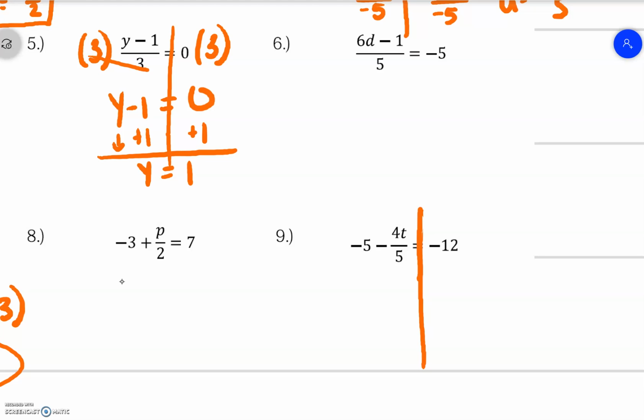Right, add 5, and bring down that negative 4t over 5 as is. Don't add or change anything. Negative 12 plus 5 would be negative 7.